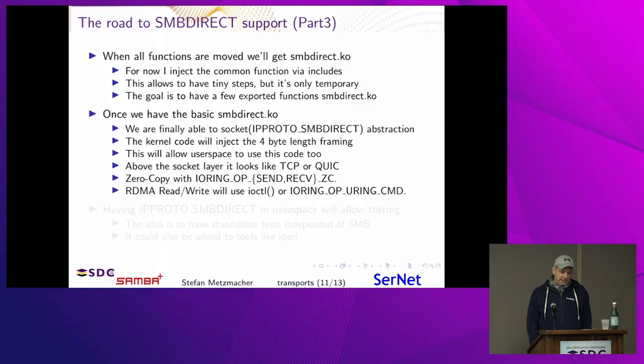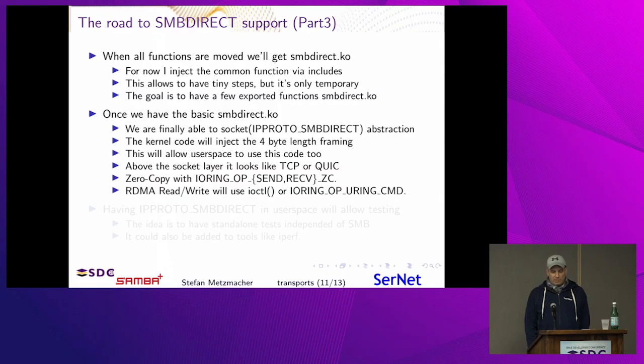Learning from the example of quic, instead of adding a new protocol family for SMB-Direct, I think I will go with an IP proto SMB-Direct, because it uses IP addresses anyway, so I guess it will make it easier, and also hook into some BPF-based common handling of inet sockets.